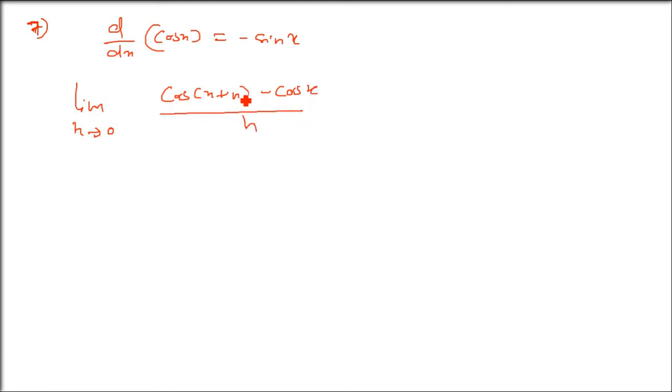Now you have to use cos c minus cos d, which is minus 2 sin (c plus d) by 2 sin (c minus d) by 2. That is sin of (2x plus h) by 2, and sin of (x plus h minus x) by 2, which is sin h by 2.